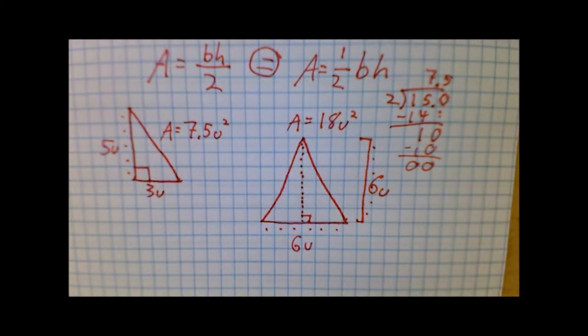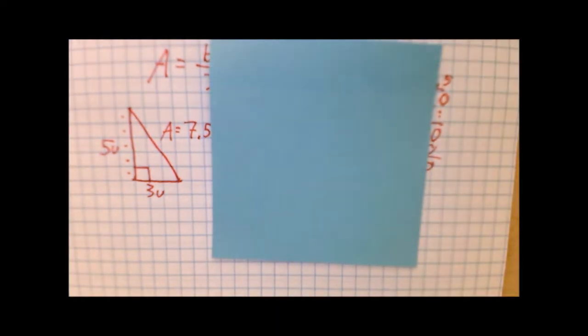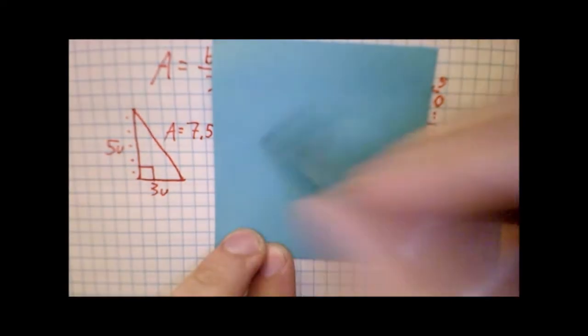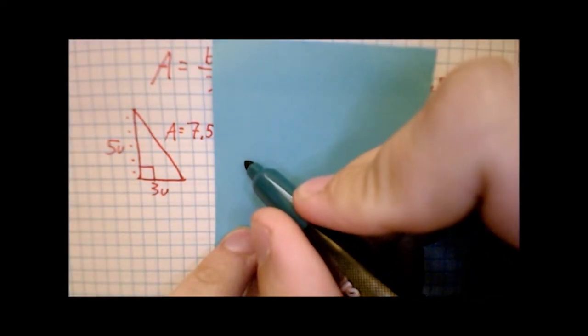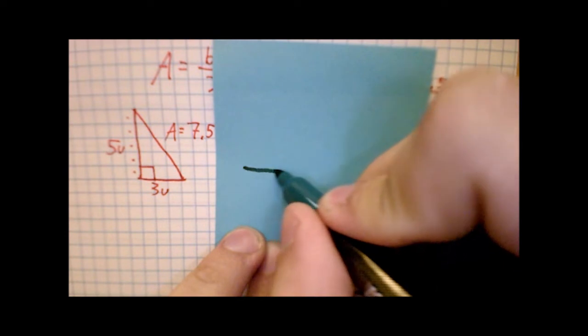If I brought back my sticky notes, and I decided to give you a triangle problem, this time, not being quite so nice, and this time giving you a triangle that has some values for its diagonals. We're going to have a triangle that has a base.